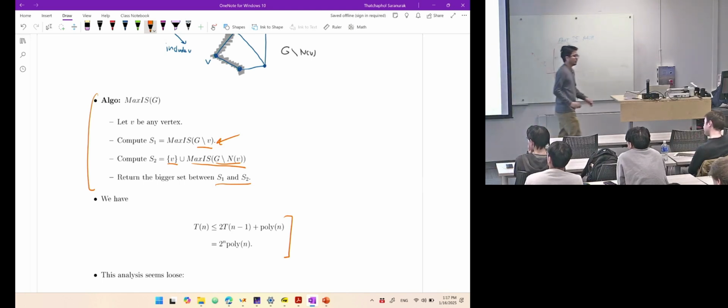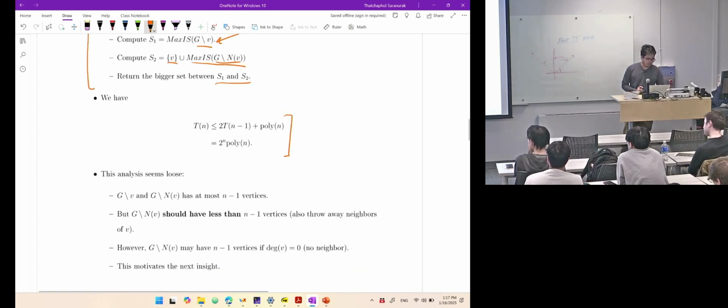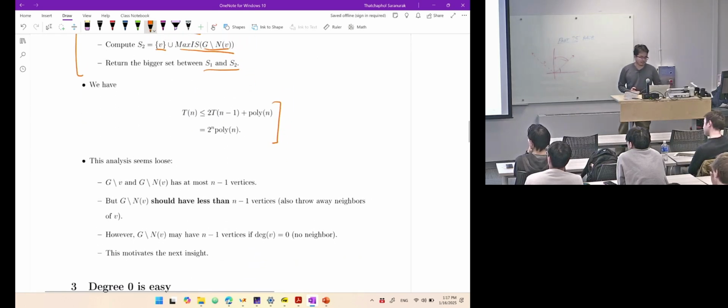Not great. But okay, this analysis seems loose actually, because you see that in the case when you remove the neighbors of v, you expect to remove more than 1 node, right? Because there should be neighbors of v. So in this case, you expect that there should be strictly less than n minus 1.